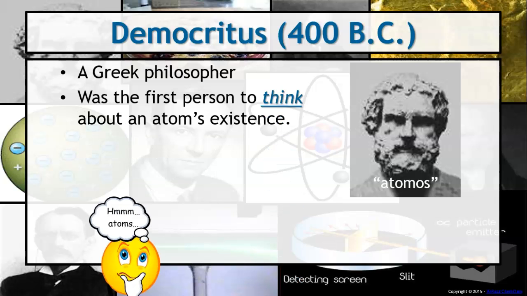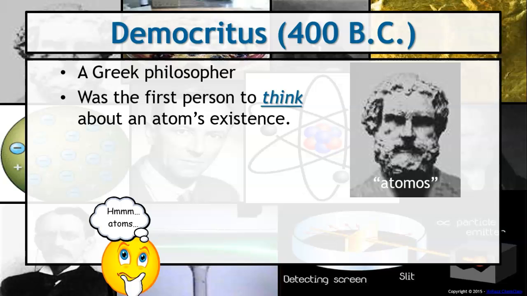And in doing so, he was the first person, at least that we're aware of, because he actually wrote down some of these things, to really think about the fact that maybe there is a small particle that makes up all of the stuff that is in our universe.